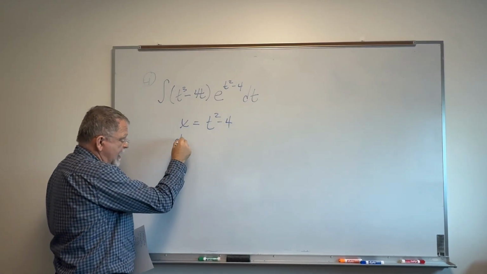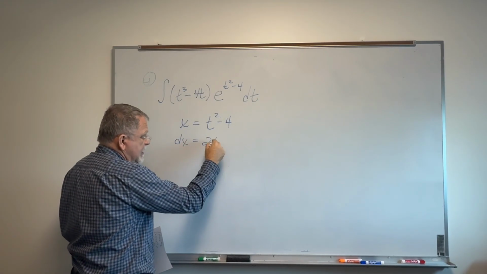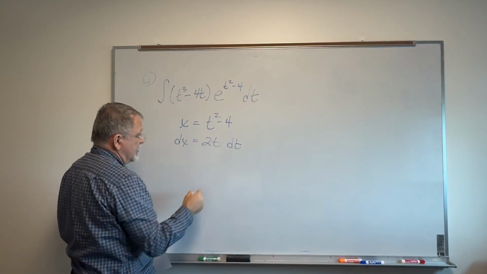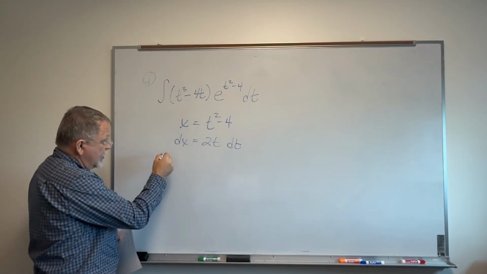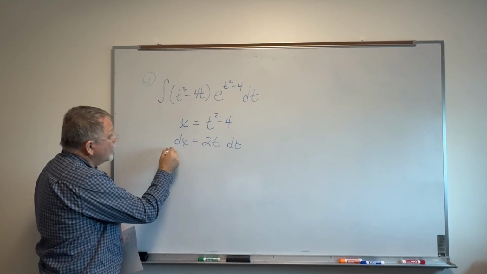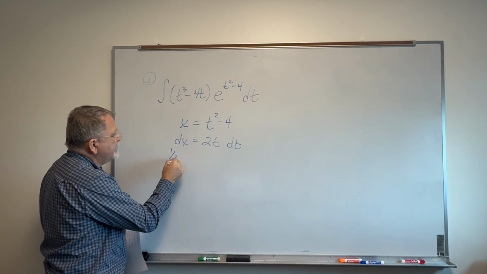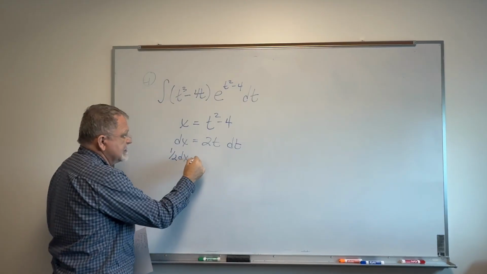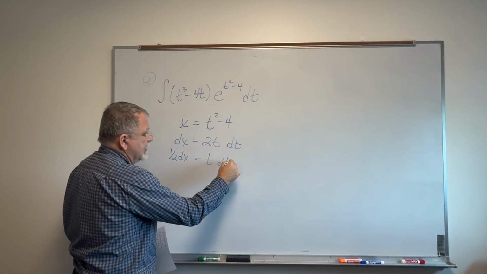That means that dx is 2t dt. And another way to write that is 1/2 dx is t dt.